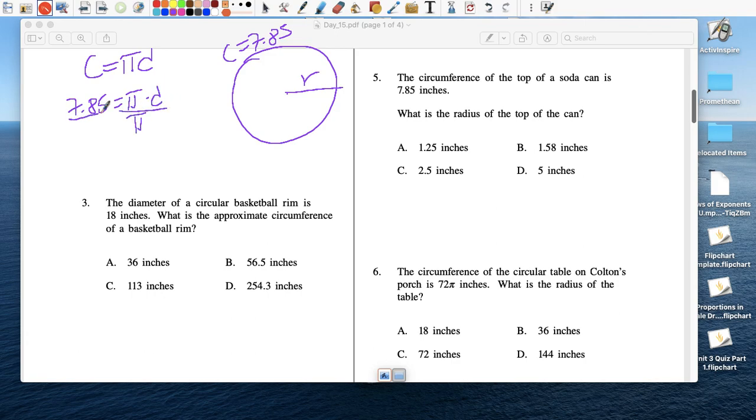Divide both sides by pi. Diameter equals 2.49, so let's round it to 2.50. If you divide that by 2, the radius is 1.25.